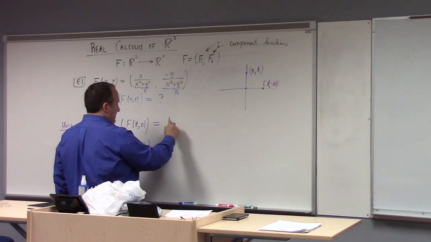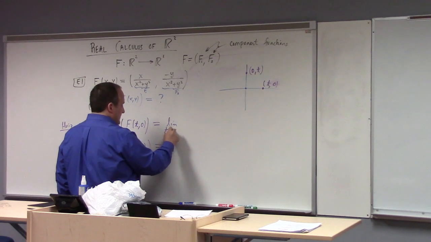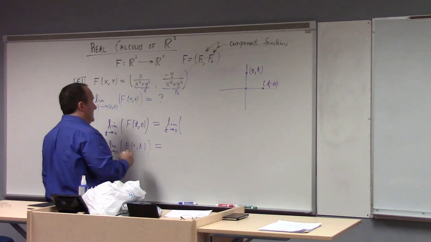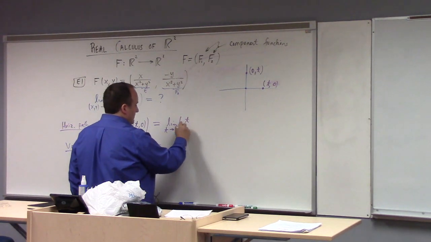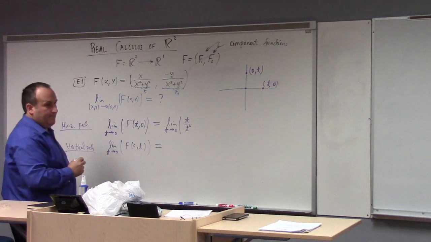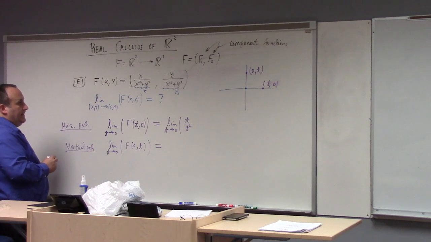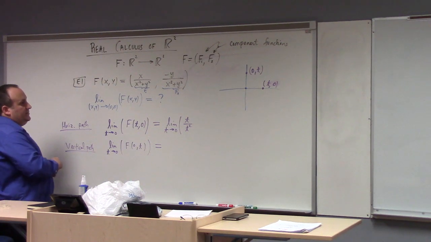You've got the limit as t goes to 0 of, x equals t and y equal to 0. So you get t over t squared. Oh man, I'm sorry guys, let me fix this. I didn't mean to quite do this.